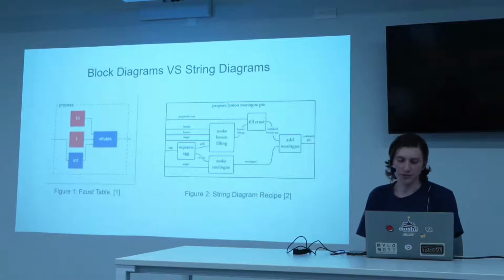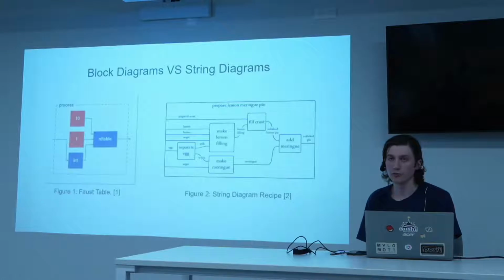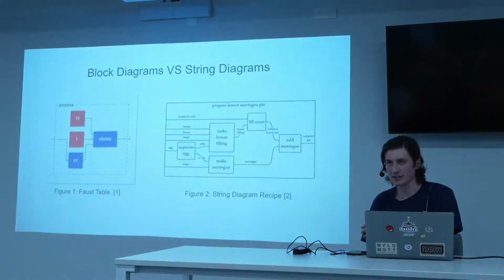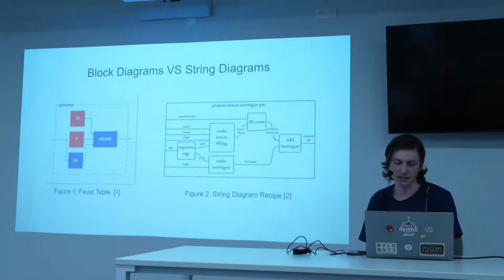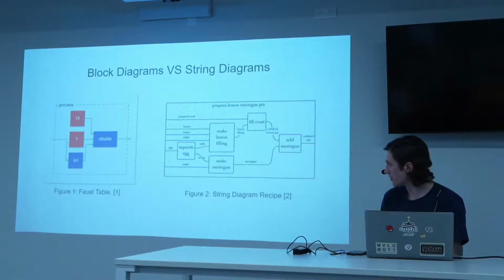In this way, even the arrangement of the elements of the diagram encodes information. As I was saying earlier, if things are arranged vertically, they're being computed in parallel, and if they have strings connecting them, they're being composed in sequence. And the same is true for block diagrams.